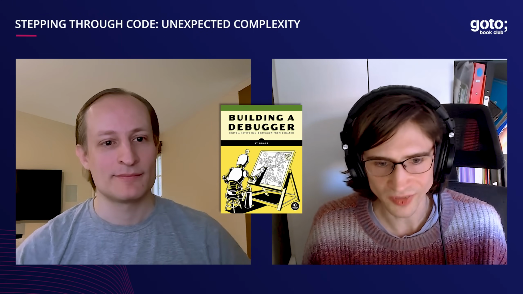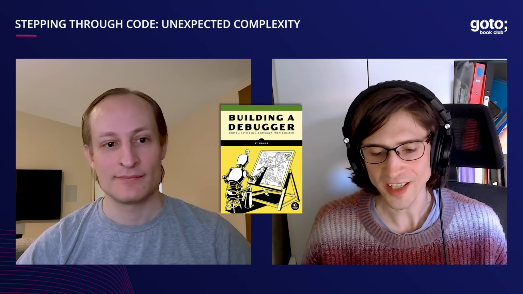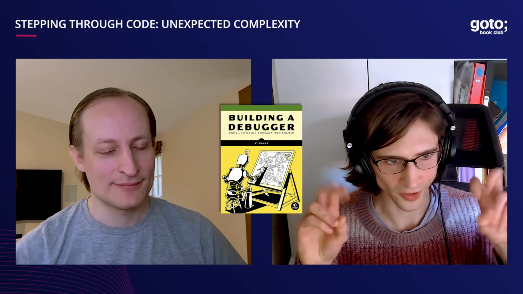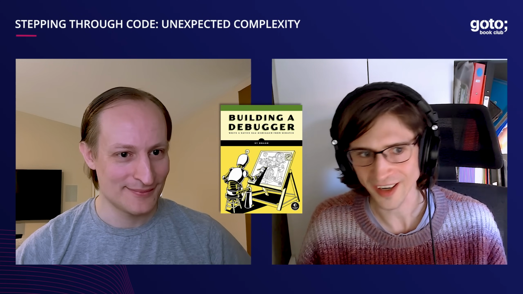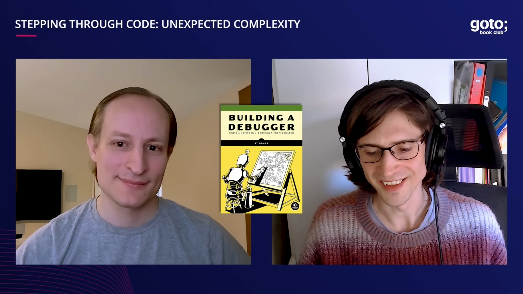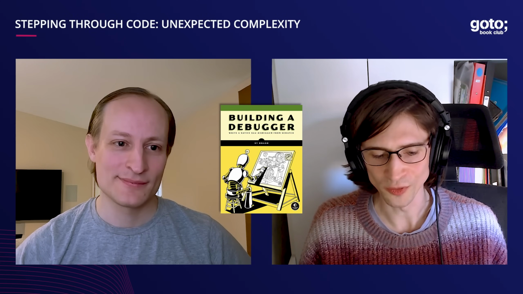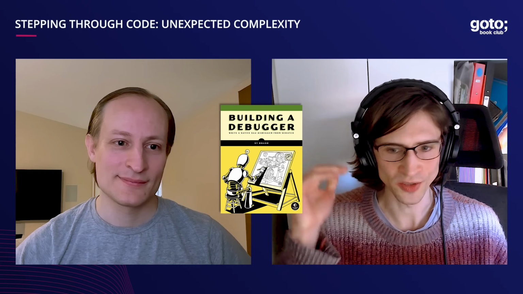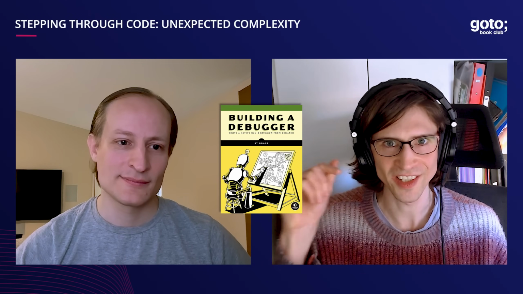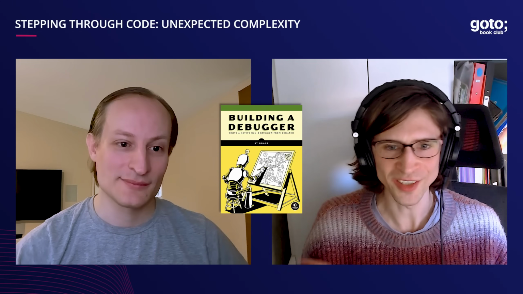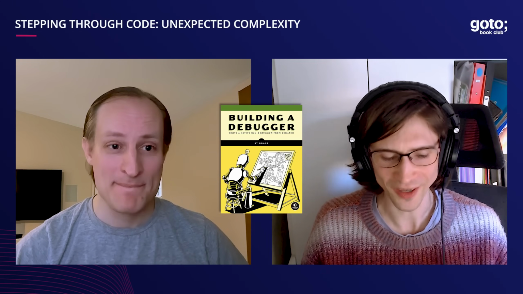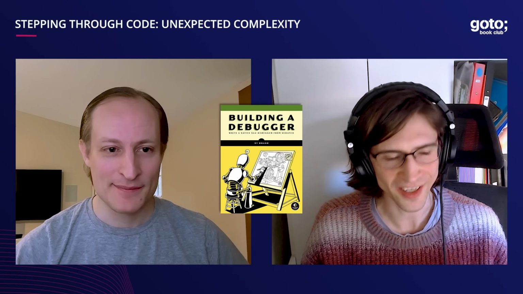So you're still logically within the same function you were originally in, the caller, but now you're also kind of inside the callee. How do you visualize that to the user? How do you decide what to report if I'm at the top of an inline function and I step in, because there's no actual change in the program counter in that case, and you have to deal with all of these edge cases.